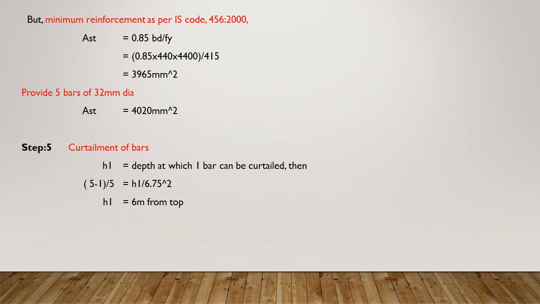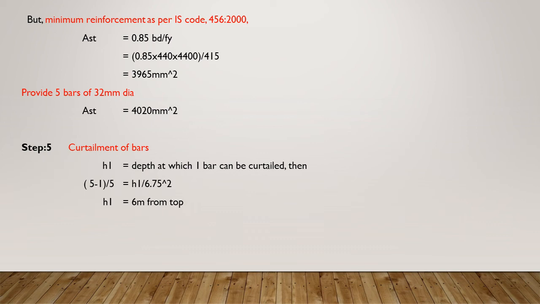Then step number 5, curtailment of bars. The curtailment is 1 meter above the top values. So h1 is equal to the depth at which one bar can be curtailed: (5 minus 1) divided by 5, so h1 divided by 6.75, the height of the stem, whole square.